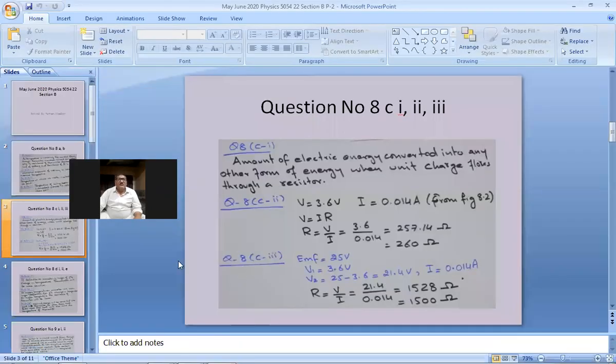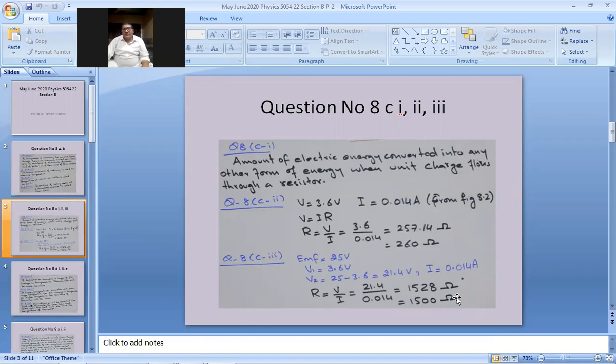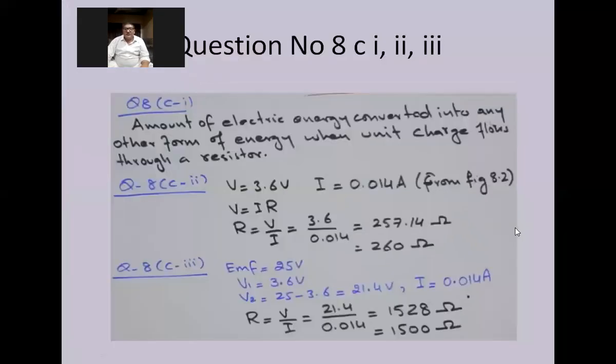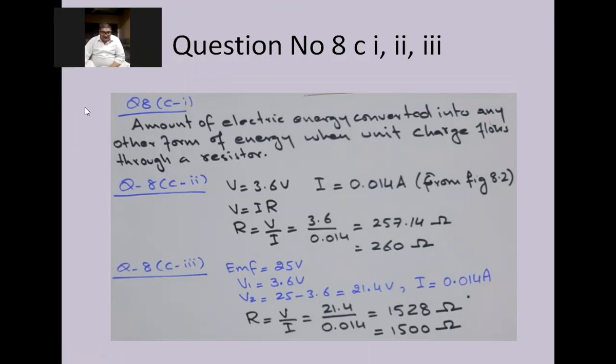I have done this on paper. Let me show you the third part. The EMF of the battery here is 25 volt, and the voltage taken by the thermistor is 3.6 volt. The voltage taken by the fixed resistor will be 25 minus 3.6, that will be 21.4 volt.